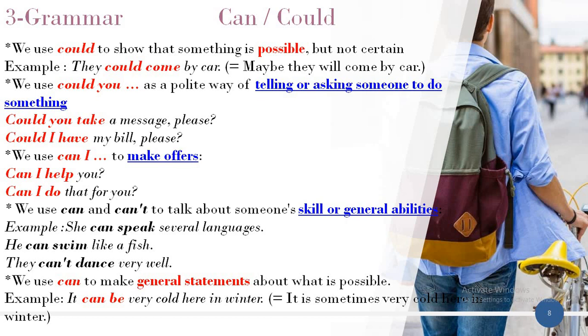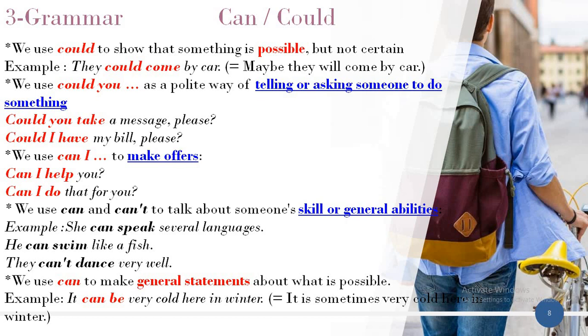Now, read all the sentences and definitions written in the table. Please make sure you understand all the uses of could and can. So, as a brief conclusion, we use could for the possibility of something that could happen, as a polite way of telling or asking someone to do something.